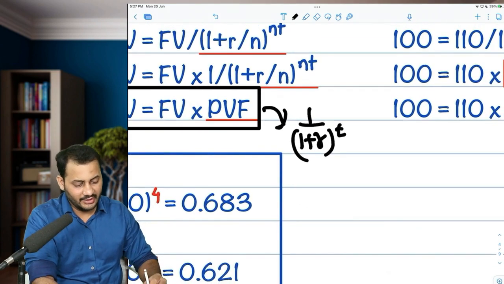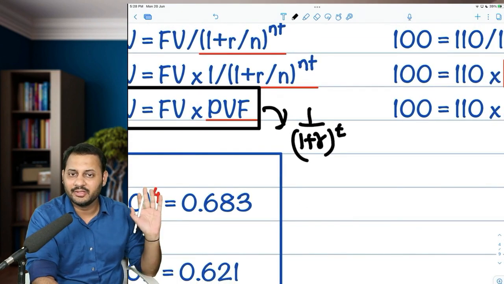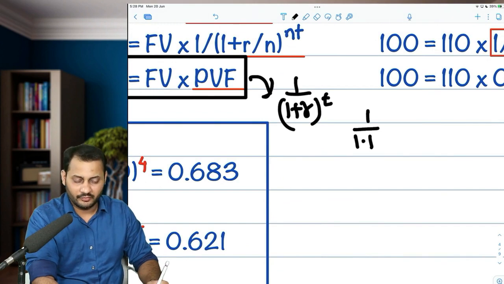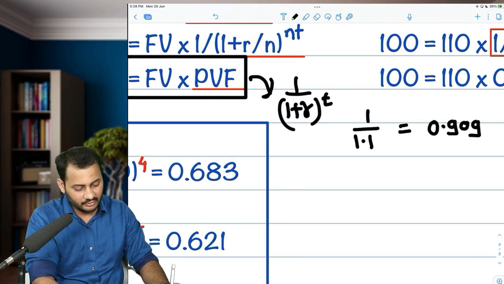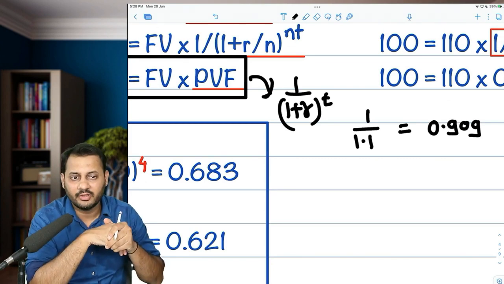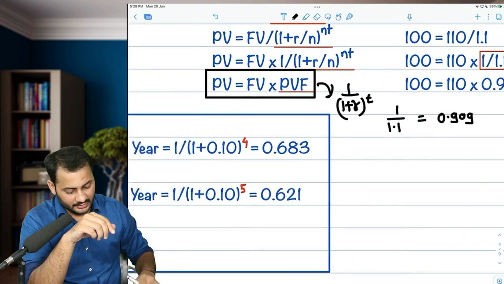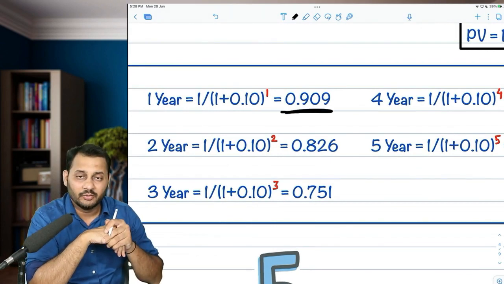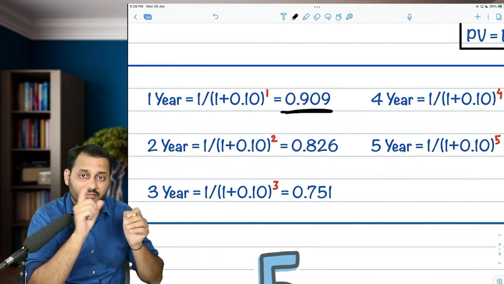So if there is only annual compounding, then n will not be there in the numerator and in the power as well. So it is like this, 1 divided by 1.1, and if you press equals on the calculator, it will give you the first year present value factor, that is 0.909. That is what you will use for calculating the present value of the first year cash flow.